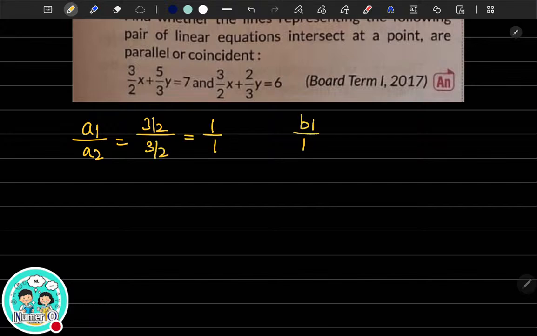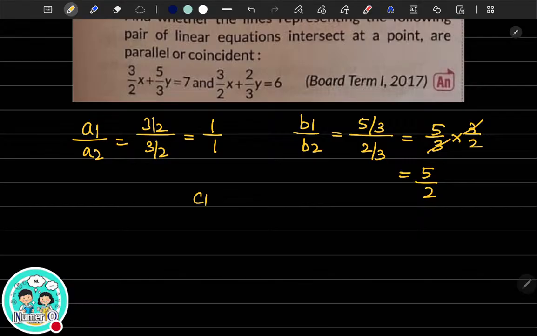What about b1 by b2? It is 5 by 3 divided by 2 by 3, which is 5 by 3 multiplied by 3 by 2, which is nothing but 5 by 2. This is your second ratio. What is your c1 by c2?